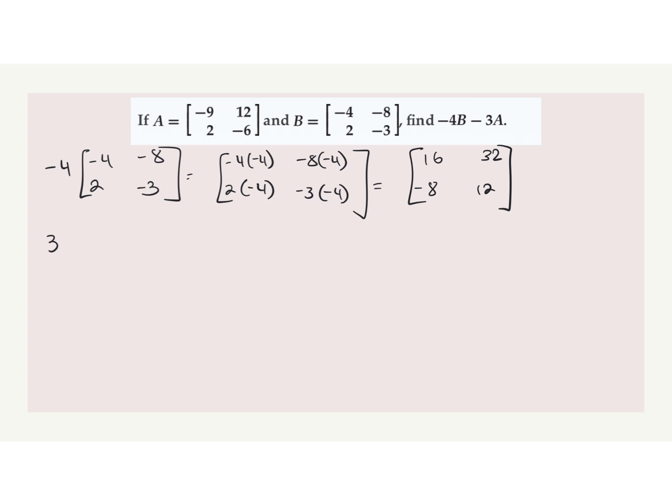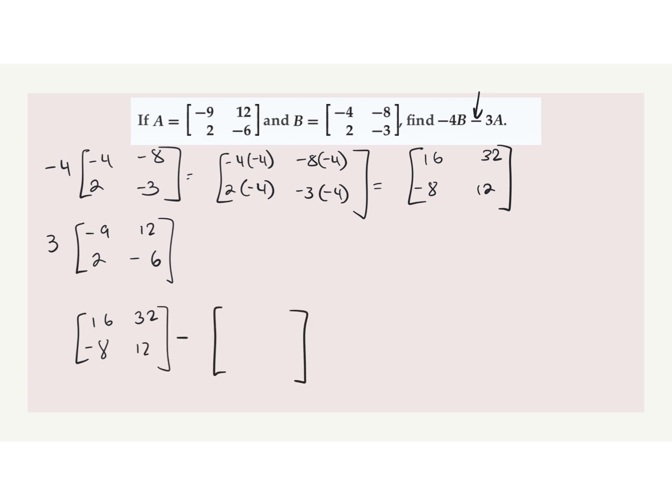Now, let's figure out what 3A is. The reason I am doing positive 3A and not negative is because you can do either way. But what I'm going to do is I'm going to do 16, 32, negative 8, 12, minus whatever this matrix is that we're going to solve for.